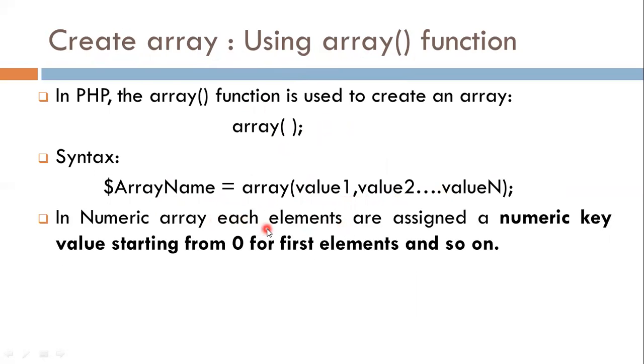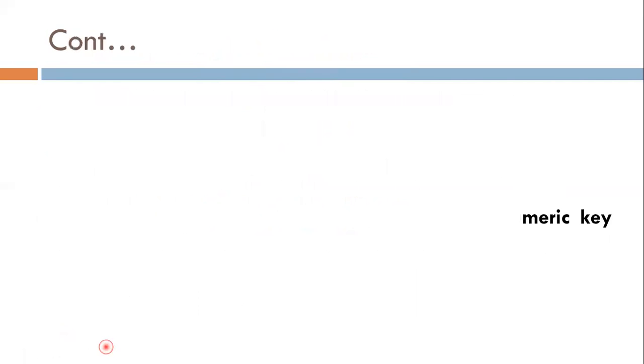In numeric array, each element is assigned a numeric value starting from 0 for first element, 1 for second element, and this continues up to n elements. Now start with numeric array with different examples.